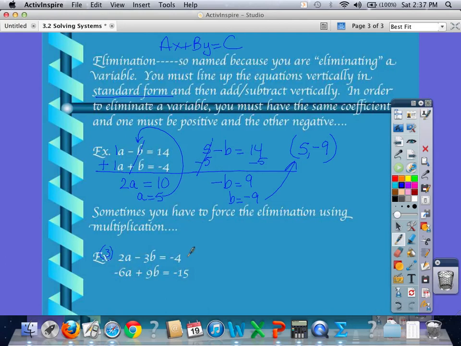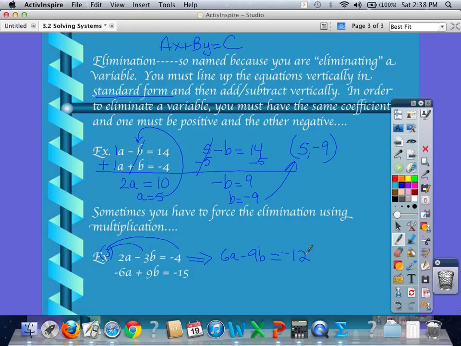So I'm going to make a little arrow, so you'll see my work. This is going to be 3 times the 2a, which is going to be 6a. And then 3 times negative 3b, which is going to be negative 9b. And then 3 times the negative 4, which is going to be negative 12. So that's now my new problem.